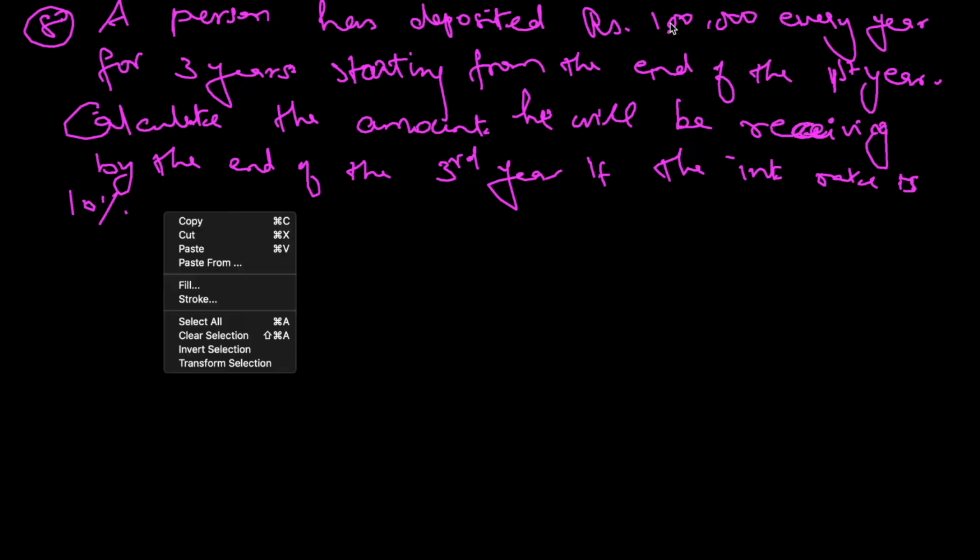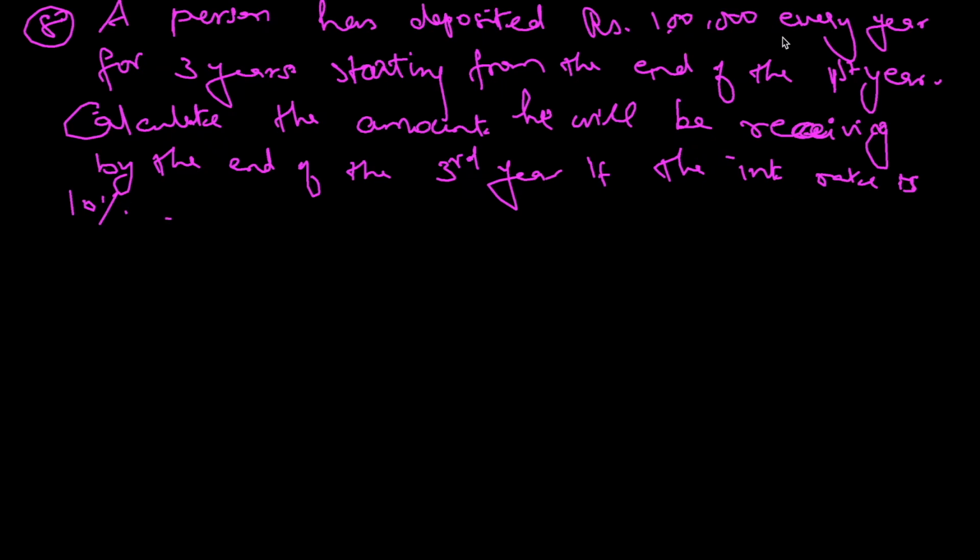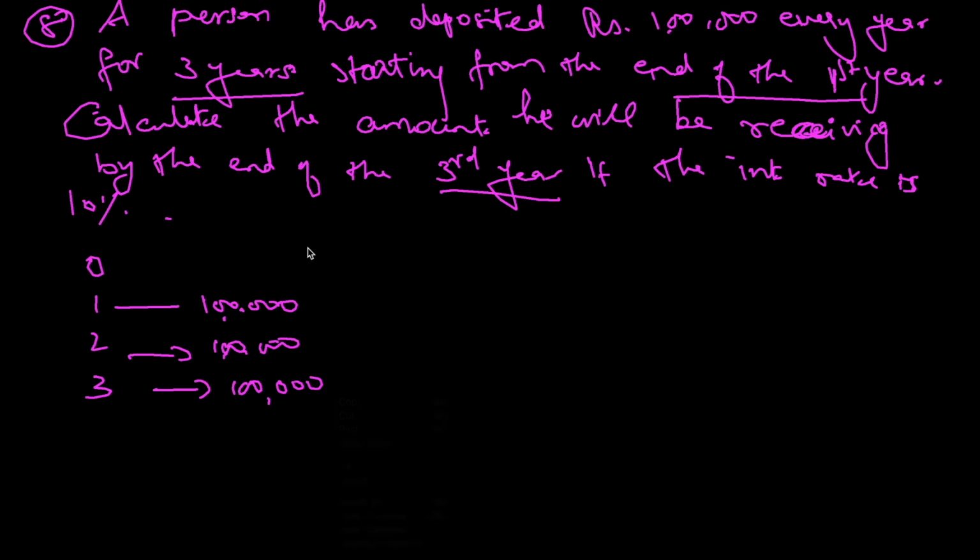So a person has deposited 1 lakh every year for 3 years, starting from the end of the first year, and the interest rate is 10%. So how do we do this?